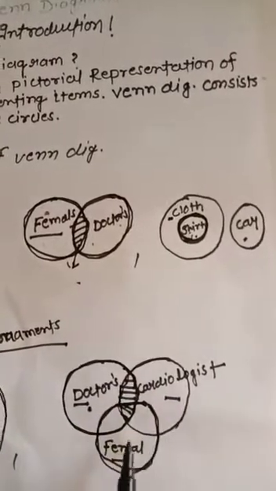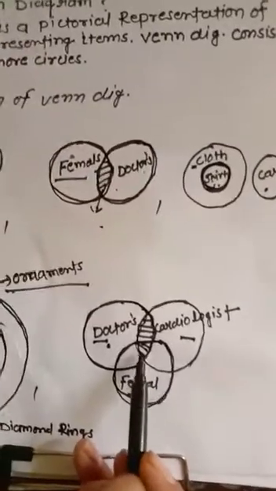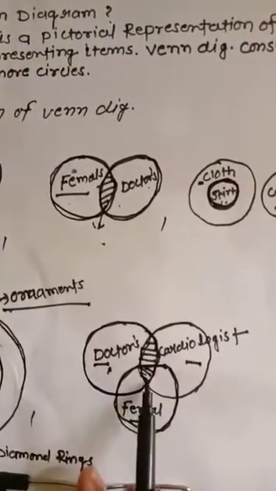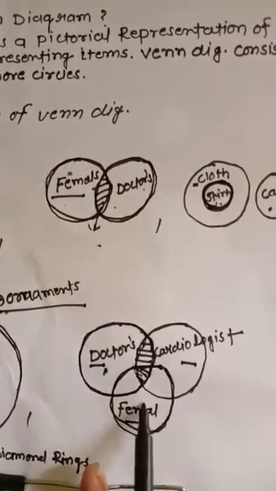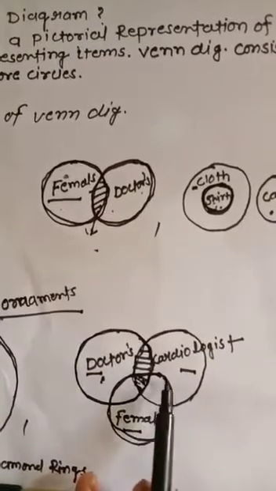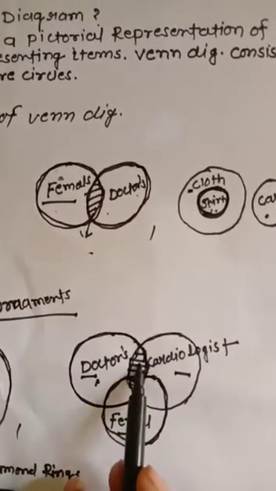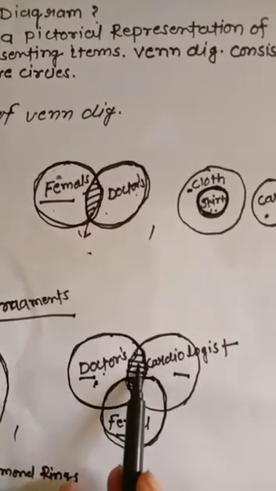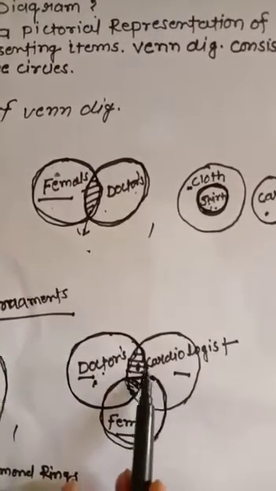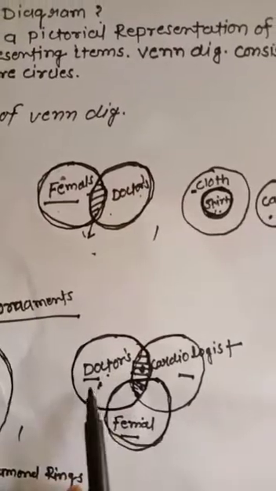Now what does it mean? This part says that some doctors are female also, because it covers the female part and the doctor part, but they are cardiologists also. And this part says that some doctors are only cardiologists, but they are not female, because they are not covering this circle. Are you getting me or not?